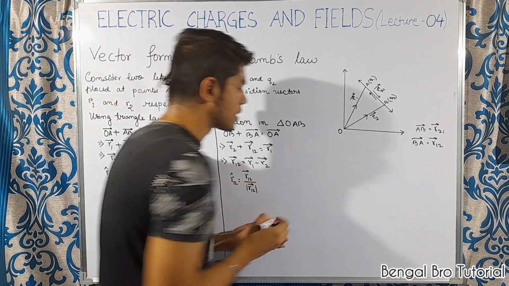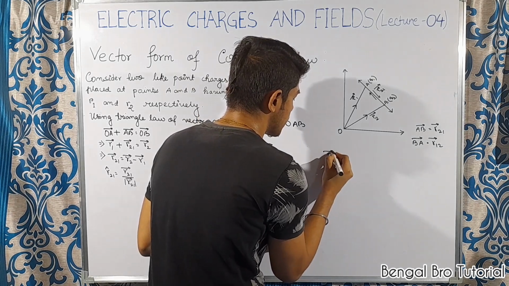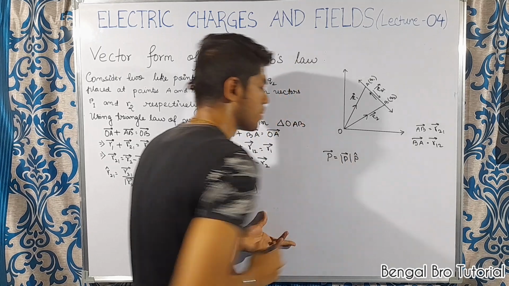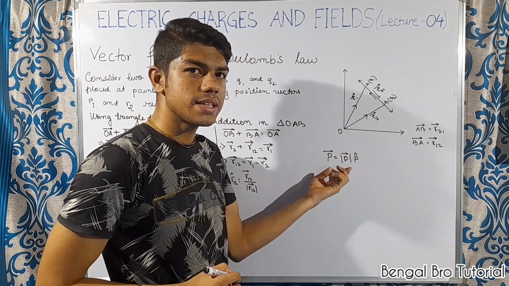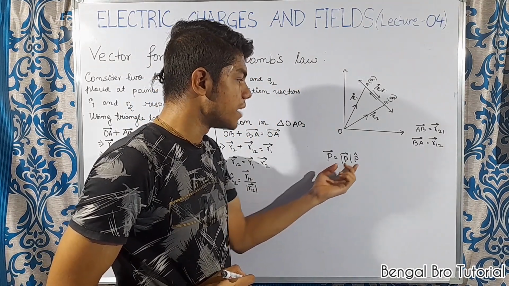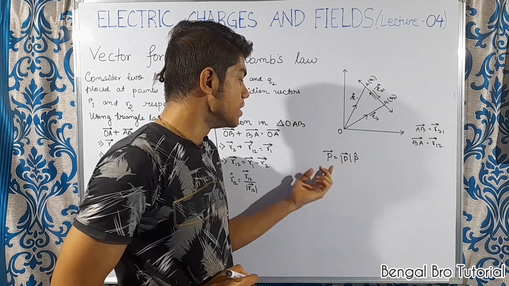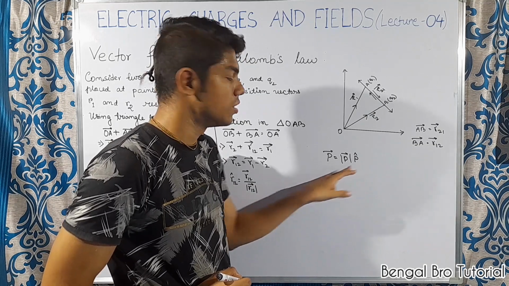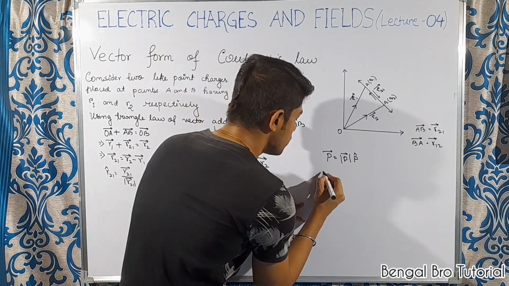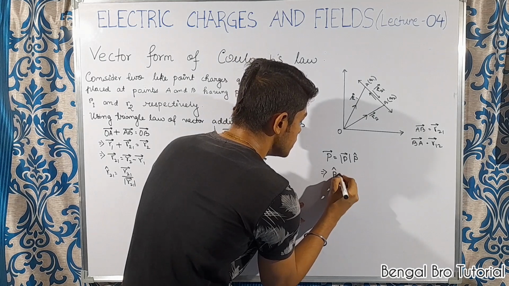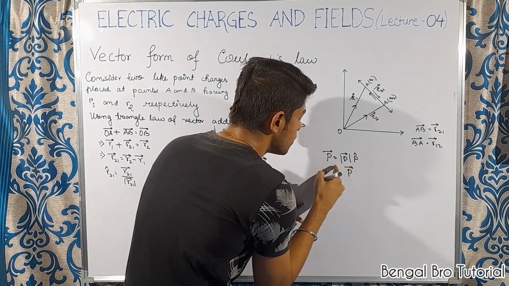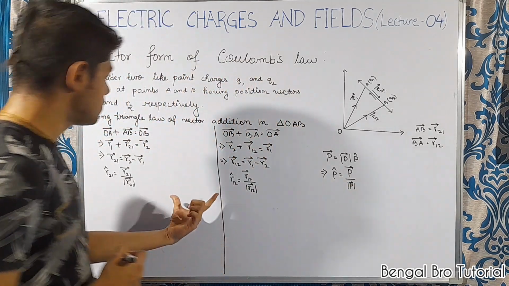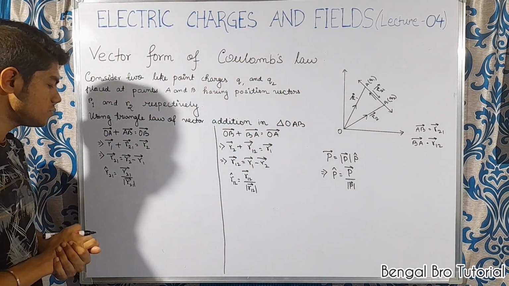See, any vector, say p vector, can be represented as mod p into p cap. Here mod p represents the magnitude of vector p and p cap is the unit vector in the direction of vector p. So basically p cap is representing the direction of this vector. So from here we can write that p cap is equal to p vector by mod p. We are doing the same thing only here. Okay.